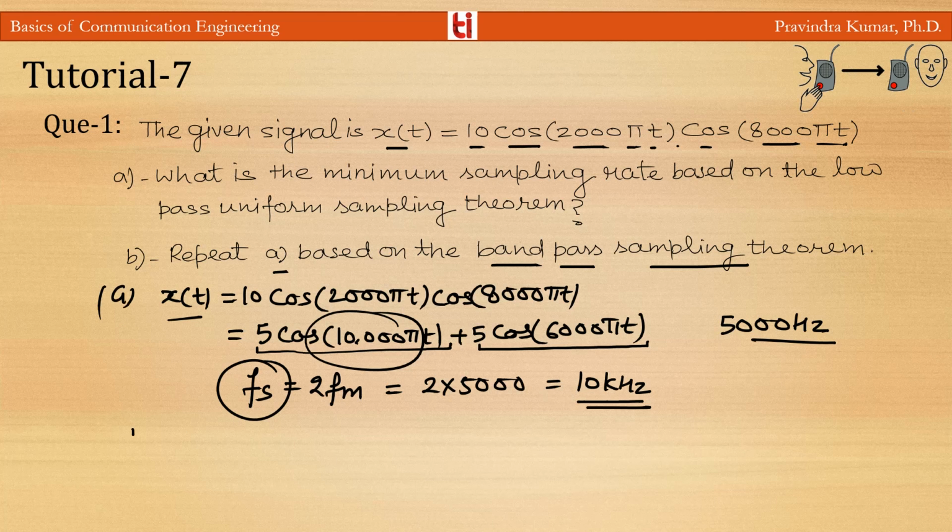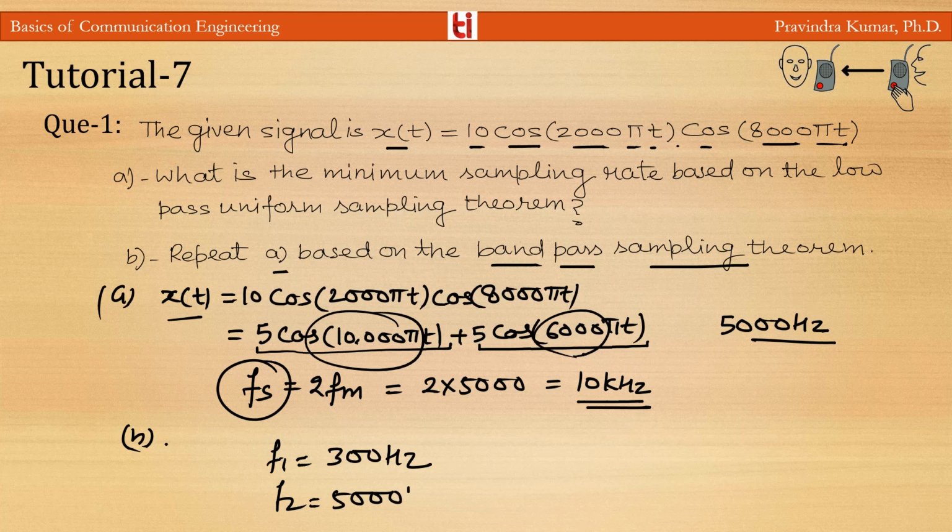And for part B, the two frequency components of x(t) are f1, which is 3000 Hz, and f2, which is 5000 Hz. There are two frequencies involved in this signal x(t).